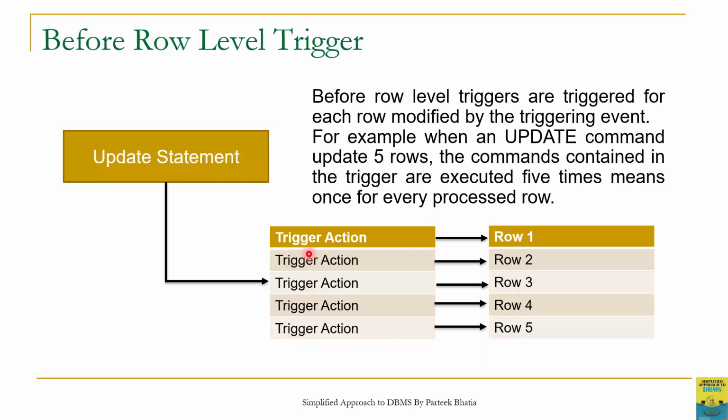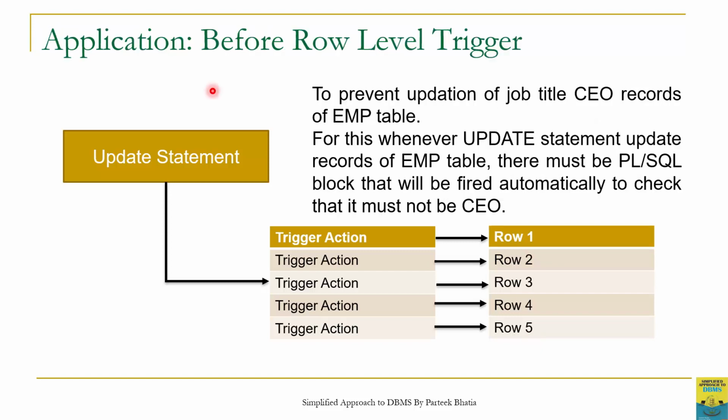So if we are processing 5 rows, trigger action will be performed 5 times. If we are updating 10 rows, then trigger action will be performed 10 times. So we can conclude that in row level trigger, trigger actions are performed multiple times, which is equal to the number of records affected by that DML statement.